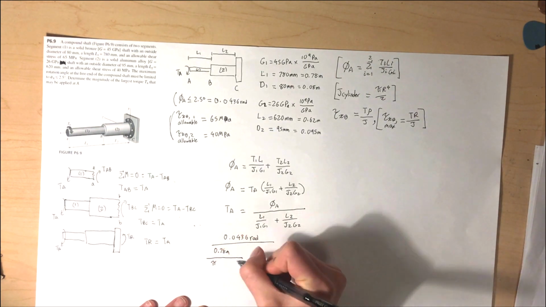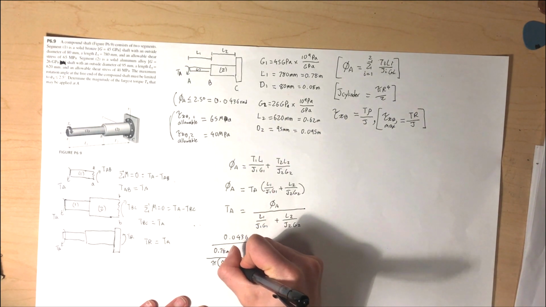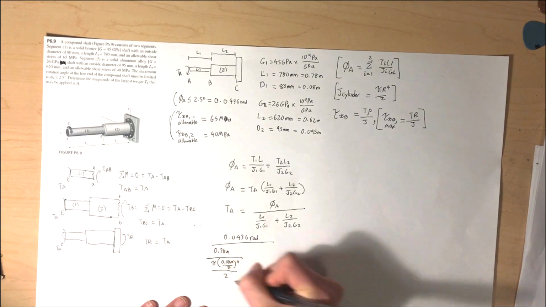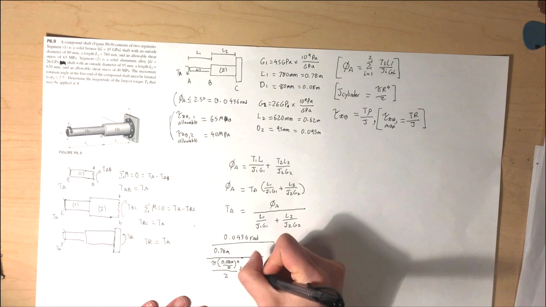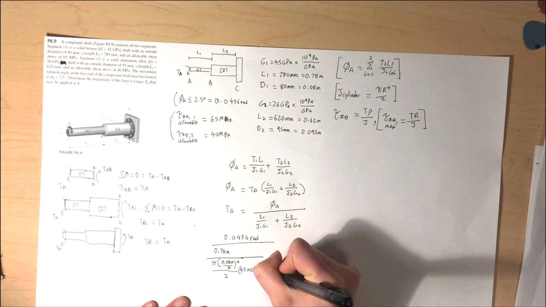That'll be pi times the radius, which is d1 over 2, or 0.08 meters, over 2, to the 4, again over 2, times G1, which is 45 times 10 to the 9 pascals.